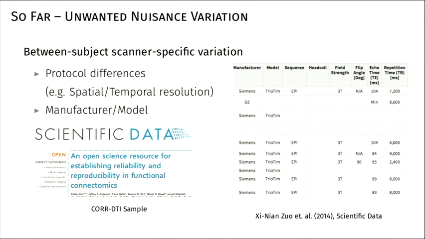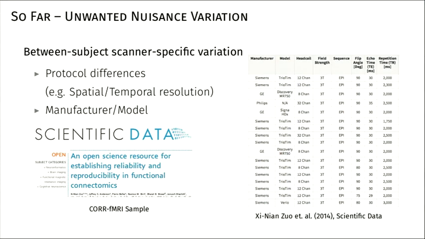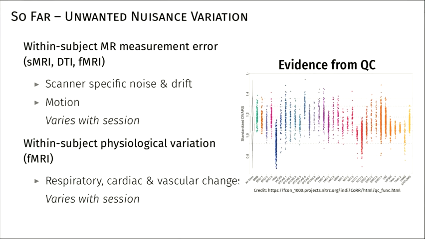This is an example from the CoRR consortium data set that Cameron referred to earlier. And for example, fMRI data as well. So with all kinds of MR data, we have a lot of variation in scanner, in the sequence, in the temporal resolution, and so forth, and that's one source of variation in your data that's undesirable.